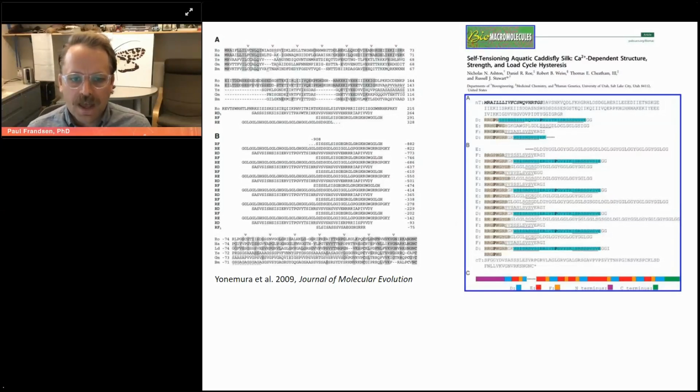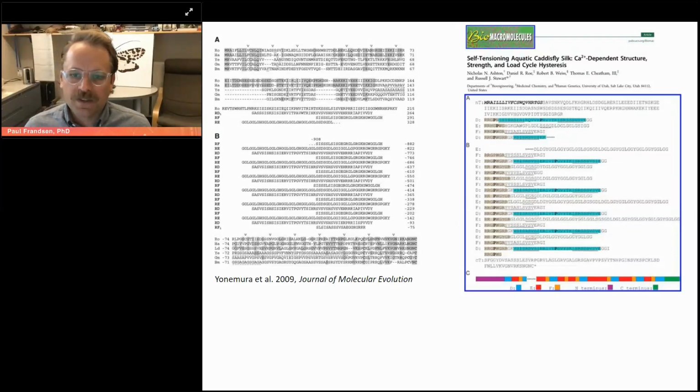In B, this is the other end of the gene, the C terminus, with the same species. You'll notice that A starts to show some repetitive region that ends in an ellipsis, and then B again begins with one.